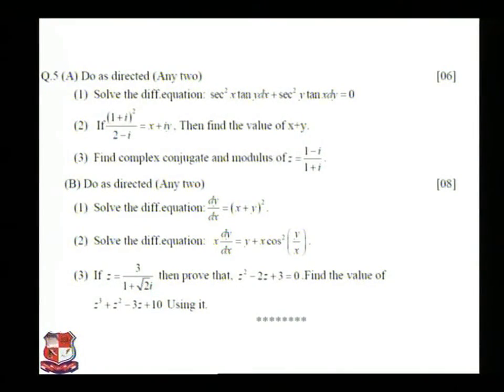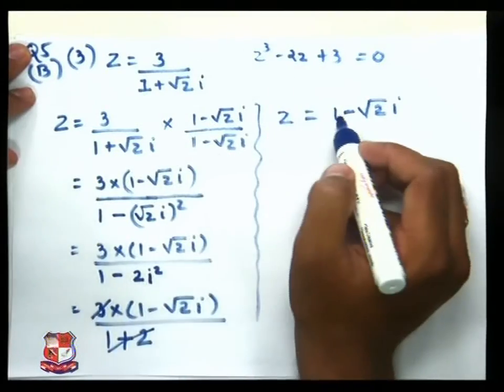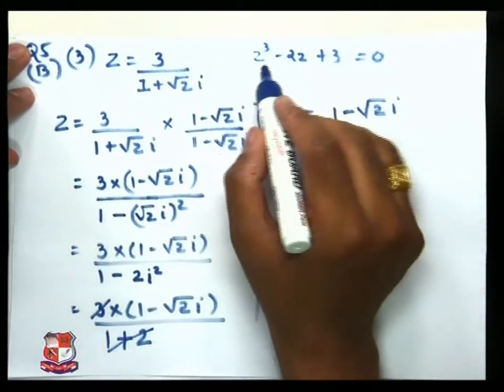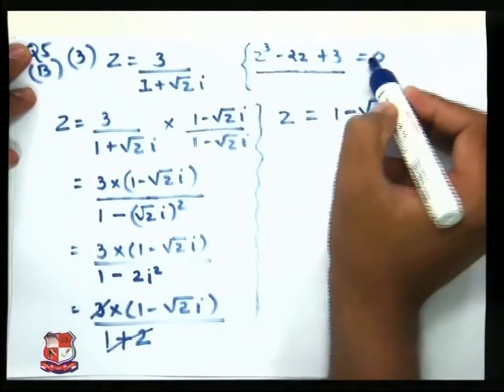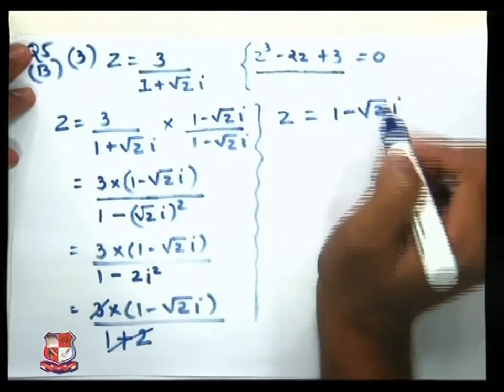Now we want to place this z value into the above equation, z cube minus 2z plus 3, and prove that it is equal to 0.